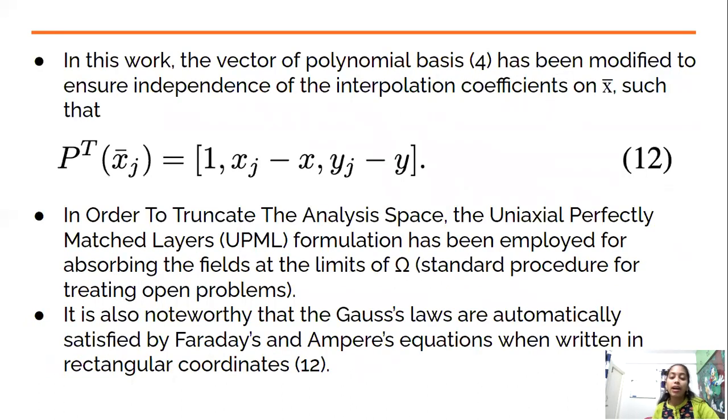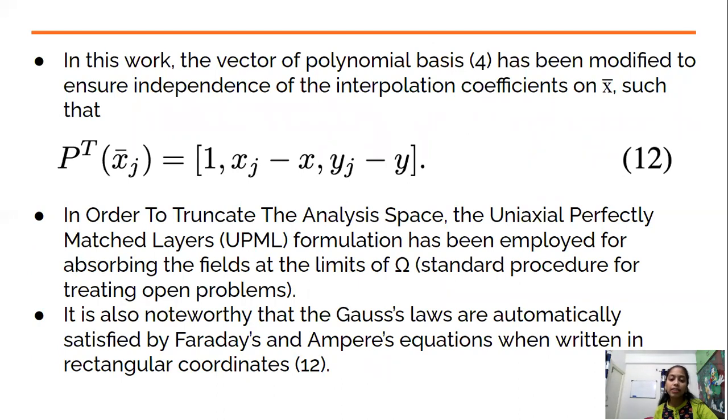In this work, the vector of the polynomial basis has been modified to ensure independence of the interpolation coefficient on x bar, such that p bar t of x j bar equals 1, x j minus x, and y j minus y.